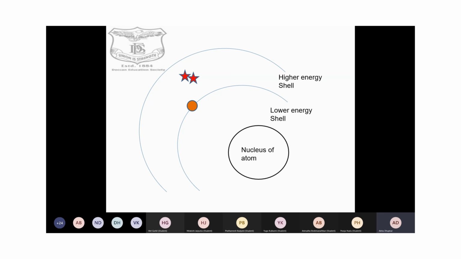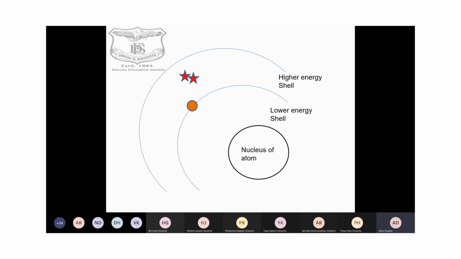It does not remain in that state because it is not its original state. Therefore the electron is going to jump back to its original shell. So from a higher energy shell, which is this outer line, it is going to jump back to its original shell.